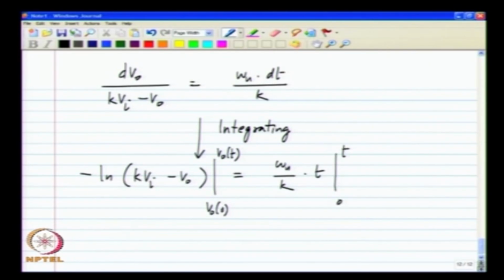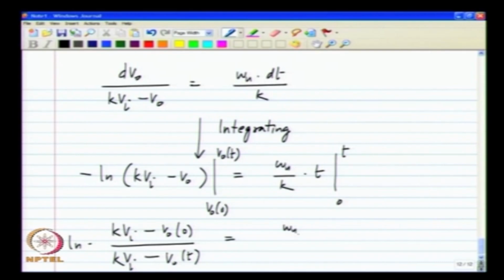So, what we will end up getting is that the logarithm of kVi minus V naught at t equal to 0 divided by the log of kVi minus V naught at t will be equal to omega u by k times t.